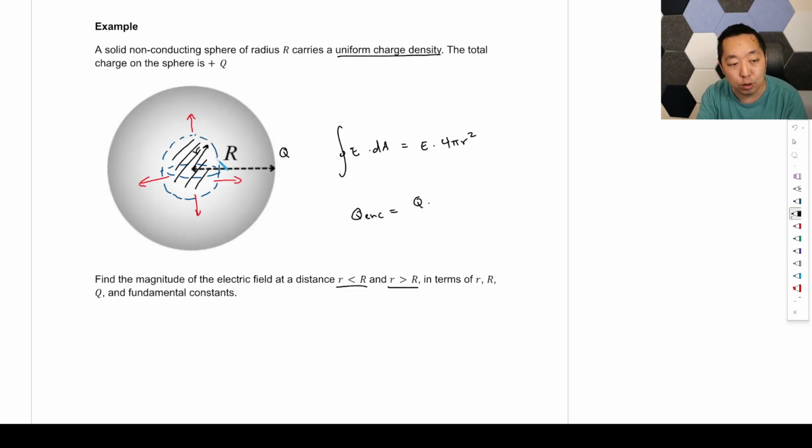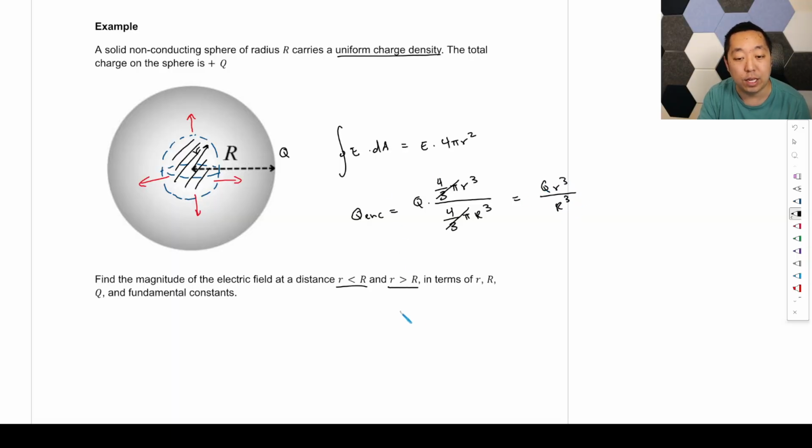Like if this volume contained half of the volume of the entire sphere, then it would contain half of the exact charge. So we're going to do the ratio of the volumes, and the volume of my sphere here is 4/3 pi r cubed, and the volume of the entire sphere is 4/3 pi big R cubed. So those cancel, and you get Q little r cubed over big R cubed.